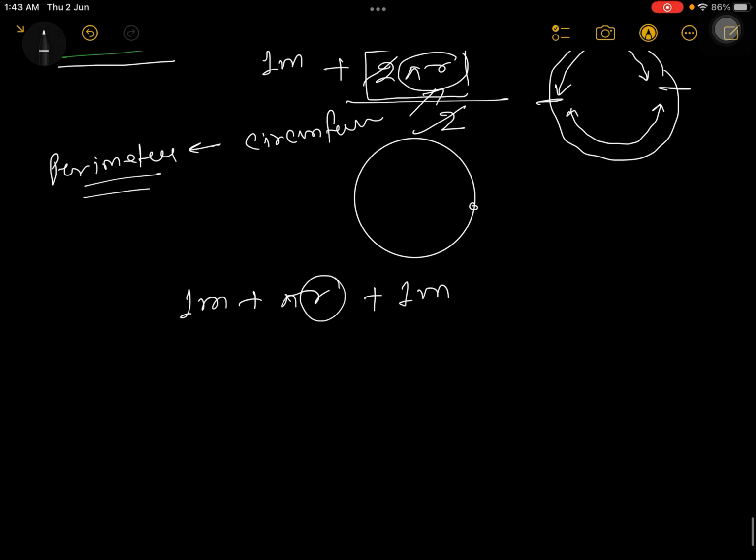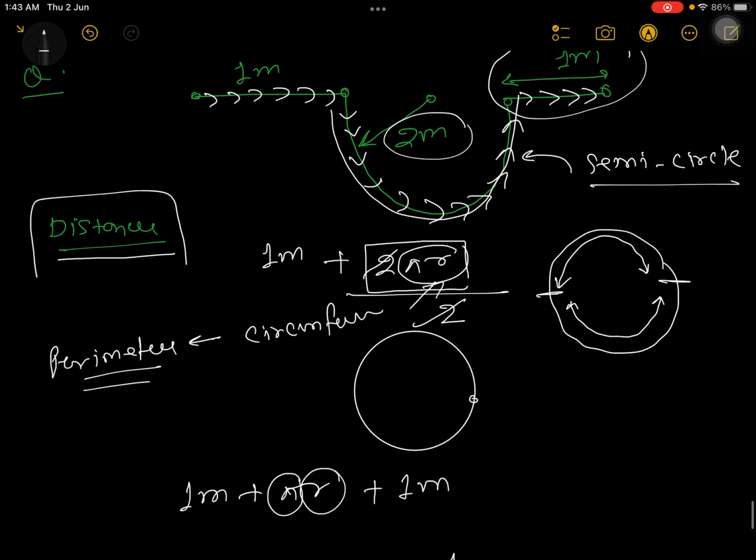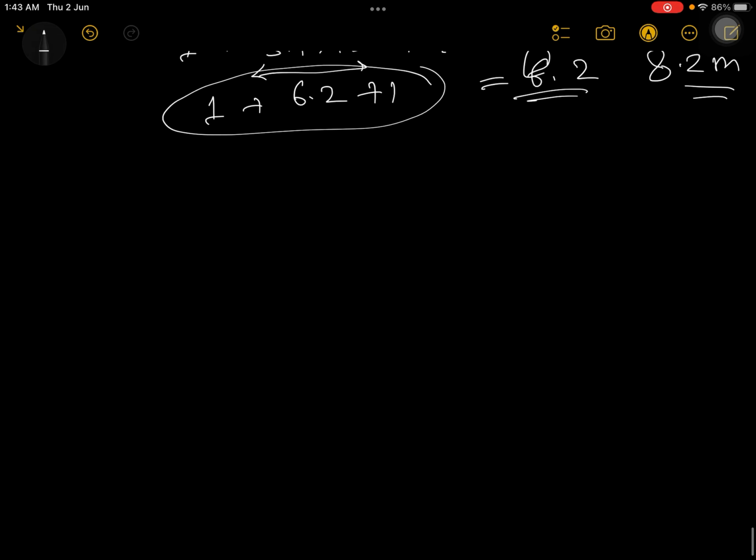Now it becomes 1 plus pi times 2; the pi value you can take as 3.1. Multiplying by 2, this gives you 6.2. So 1 plus 6.2 plus 1, this total gives you 8.2. So 8.2 meter is going to be your distance. Distance means the complete distance.